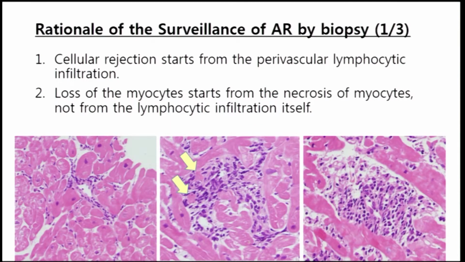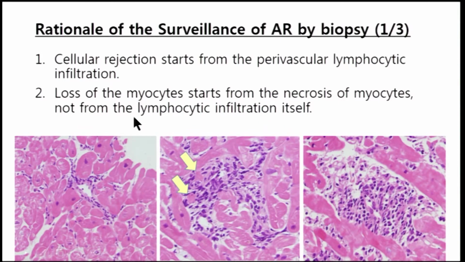That means just a lymphocytic infiltration is not good, but it's not very harmful for the myocardium. So we have to differentiate whether the myocardium has necrosis in addition to perivascular lymphocytic infiltration. That is the key issue.